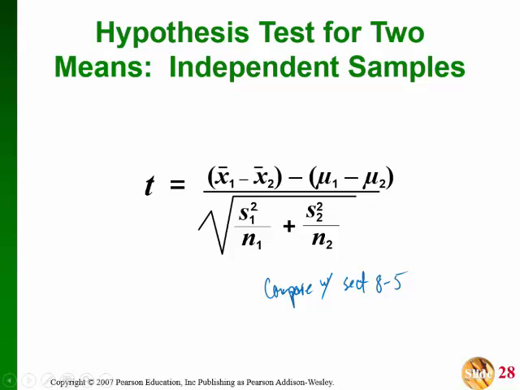In Chapter 8, we got introduced to a test statistic where we're testing the mean, and the sigma is not known. I think that was section 8.5, where we got reintroduced to the student t distribution.